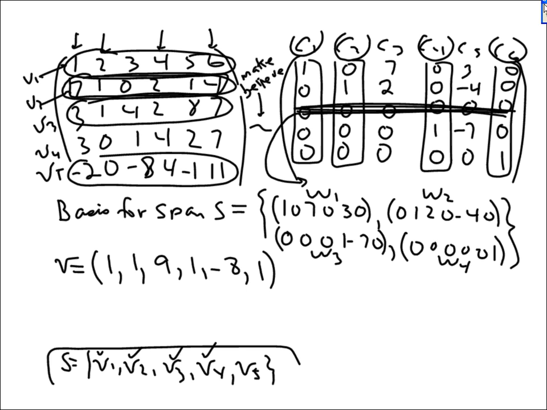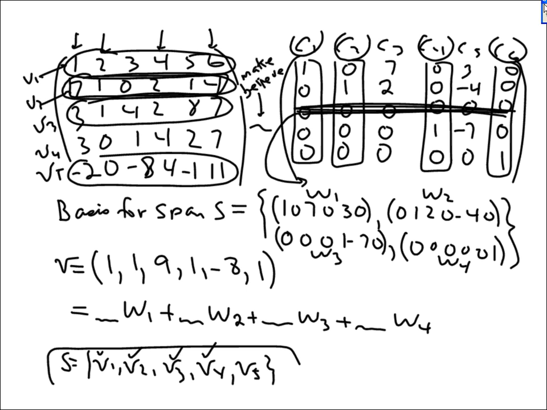It turns out that V can be written as some multiple of W1 plus a multiple of W2 plus a multiple of W3 plus a multiple of W4.